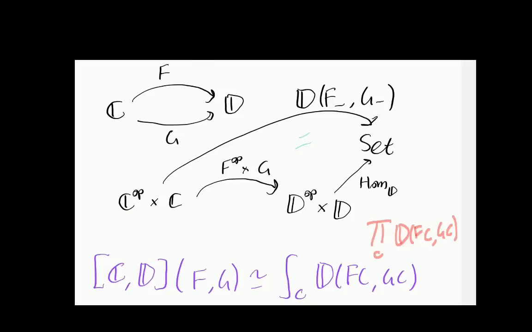Okay. And now what we're claiming is that the end of this kind of bifunctor, so this is really a functor from C up times C to Set, so it's a bifunctor. Well, we're claiming that the end of this is isomorphic to the set of natural transformations from f to g.